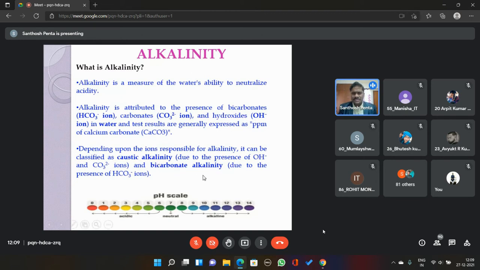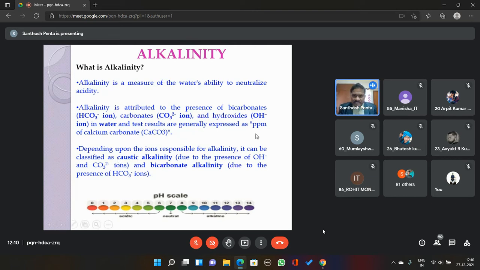They wrote it wrong here also. The types of alkalinity: caustic alkalinity and temporary alkalinity. Caustic alkalinity is due to hydroxide and carbonate ions. Temporary alkalinity, or bicarbonate alkalinity, is due to bicarbonate ions.